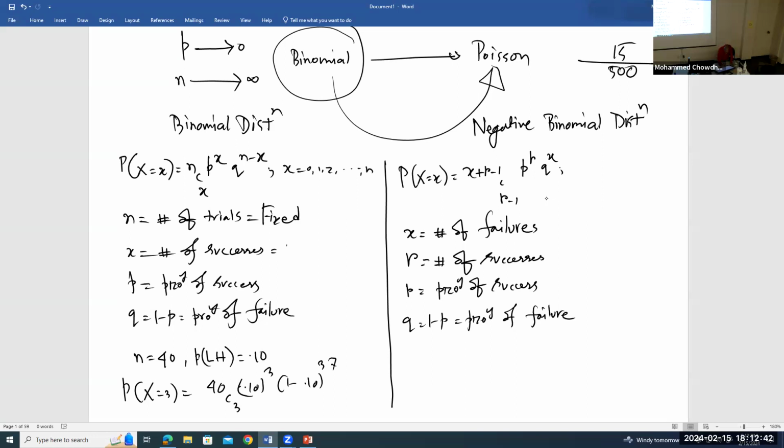Here, this is a random variable, RV. The number of successes is the random variable. Here, this is the random variable. What is the definition of a random variable? A random variable is a mapping from the sample space to the real line. A random variable has a certain probability of occurrence.